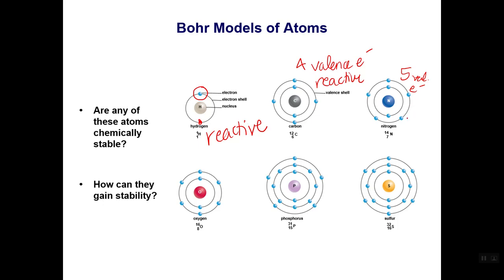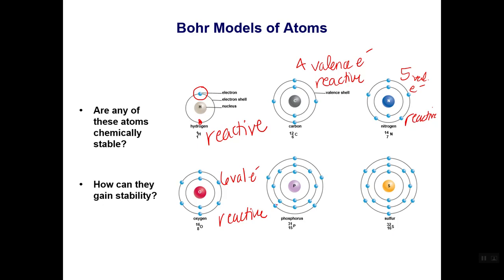Is it reactive or stable? Reactive, because it wants to have 8. Again, oxygen, we have 1, 2, 3, 4, 5, 6 valence electrons. Is it reactive or stable? It is reactive because it wants 8.